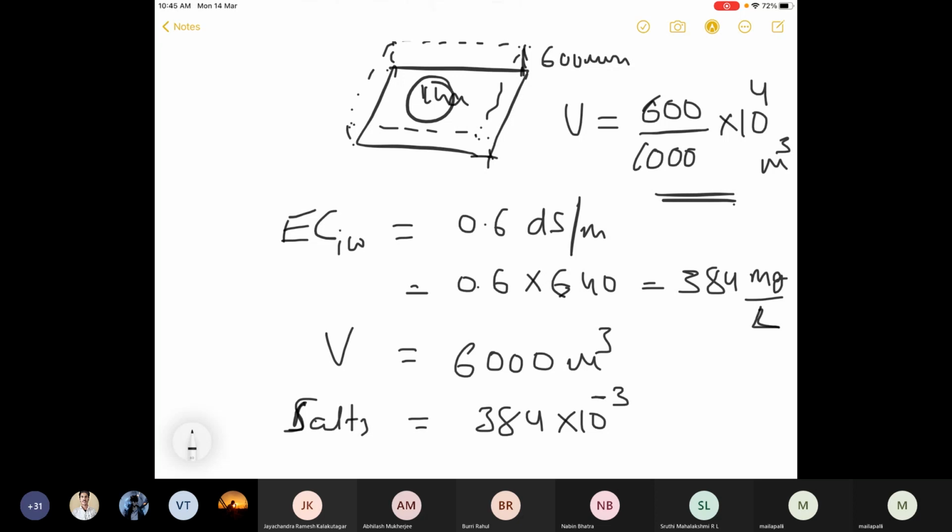Milligram per liter, if you convert into kg per meter cube, you have to multiply with 10 power minus 3, and then 6,000, and the meter cube cancels out, and finally what you get is 2304 kg. So this is the amount of salts you are adding to the field.